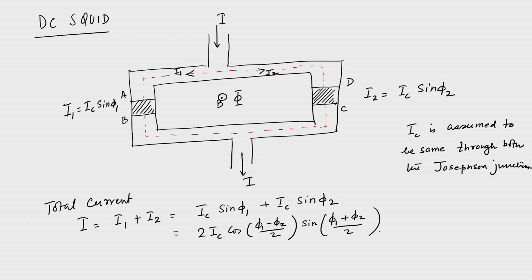Theta B and theta A. It is just a convention that is assumed, so the current is flowing like this.